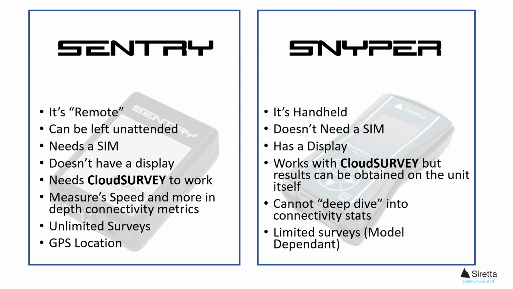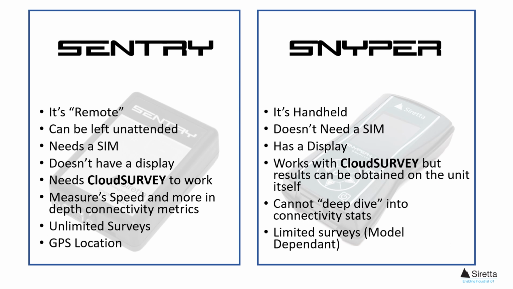It requires a data SIM for it to communicate with our cloud survey portal. It definitely needs cloud survey to work. It measures speed and more in-depth connectivity metrics. It can produce unlimited surveys. It has a GPS location function where you can actually track where the SENTRY is.